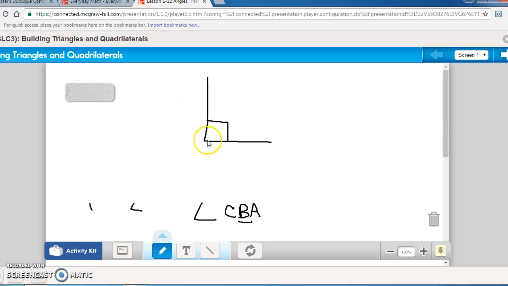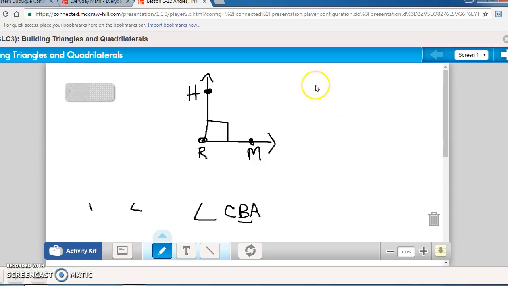So if we look at this and we label this R, and we label this next point on my line M, and the next point on my line H, and notice I said line, so if I'm saying line, I need to have the arrows on the end.